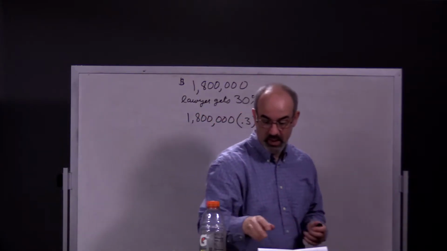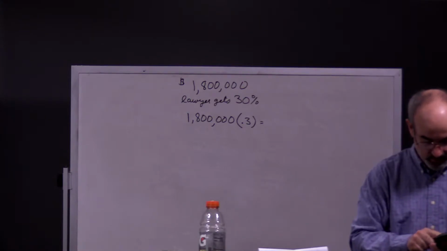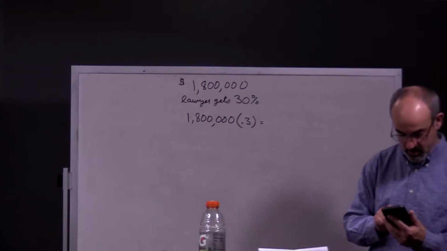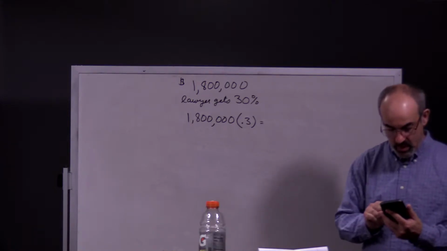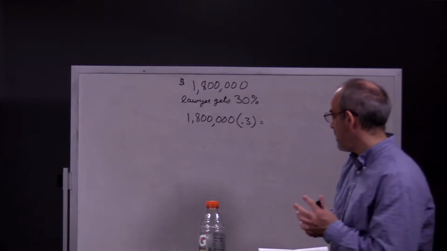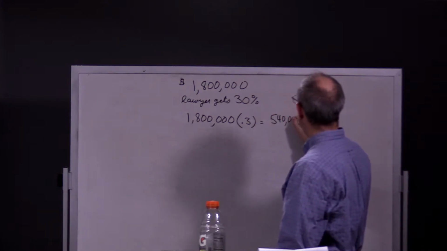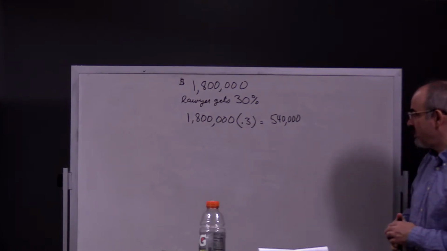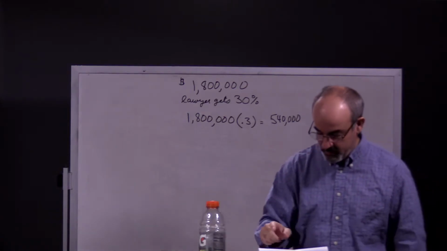I have no idea what that's going to be. $540,000. So you owe your lawyer quite a bit of money. But you're going to wind up with quite a bit of money too, so that's all good. All right, so that's another type of percent problem.